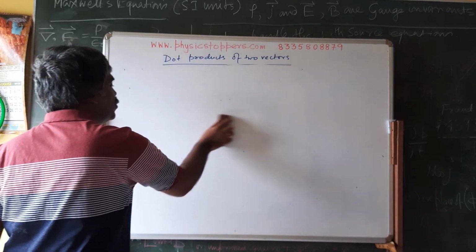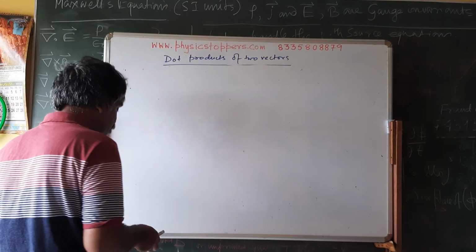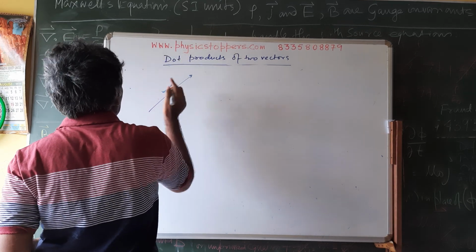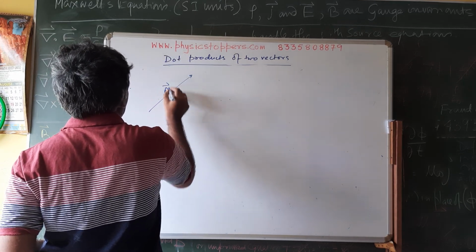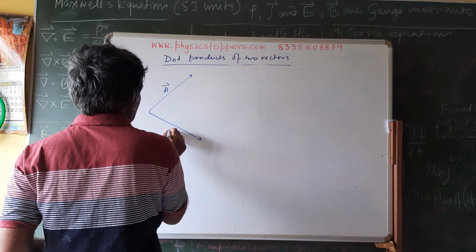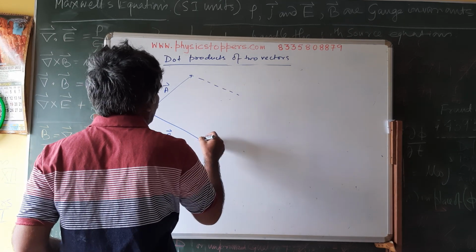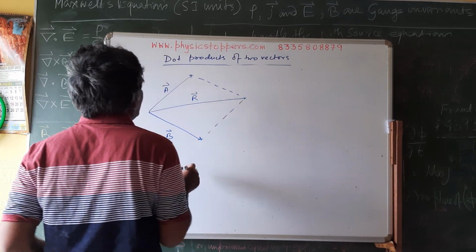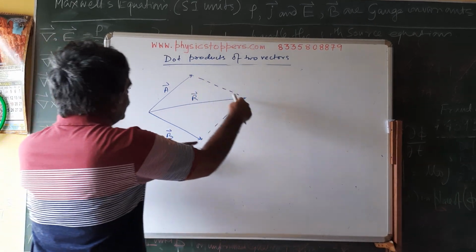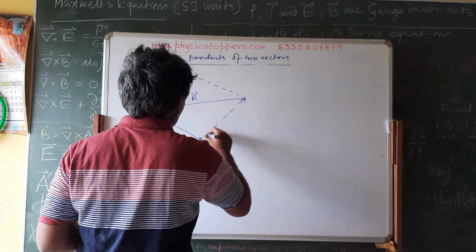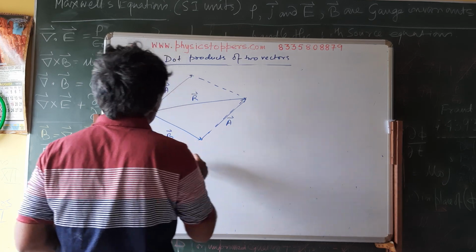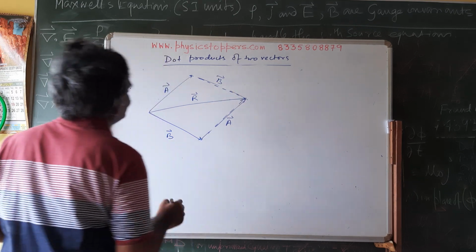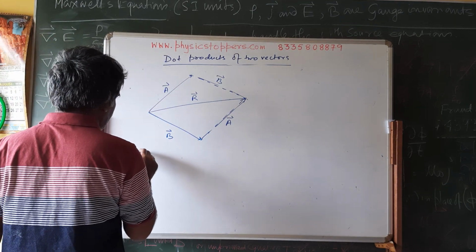You know that if you have any two vectors, suppose a vector a and a vector b, the resultant is found by making a parallelogram out of this, and if you join, this is R. So what you do is you slide this, make it parallel to itself, and this is also A. Slide B keeping parallel to itself, and this is also B. So what is vector R?